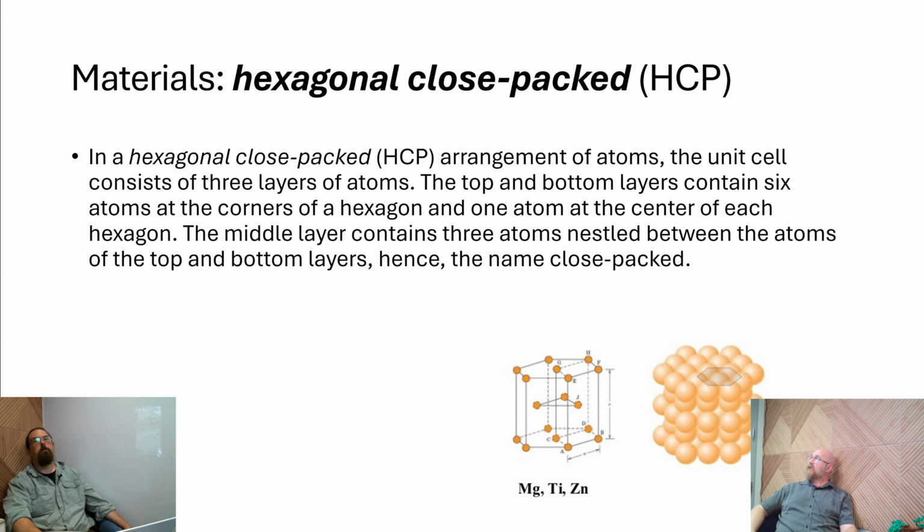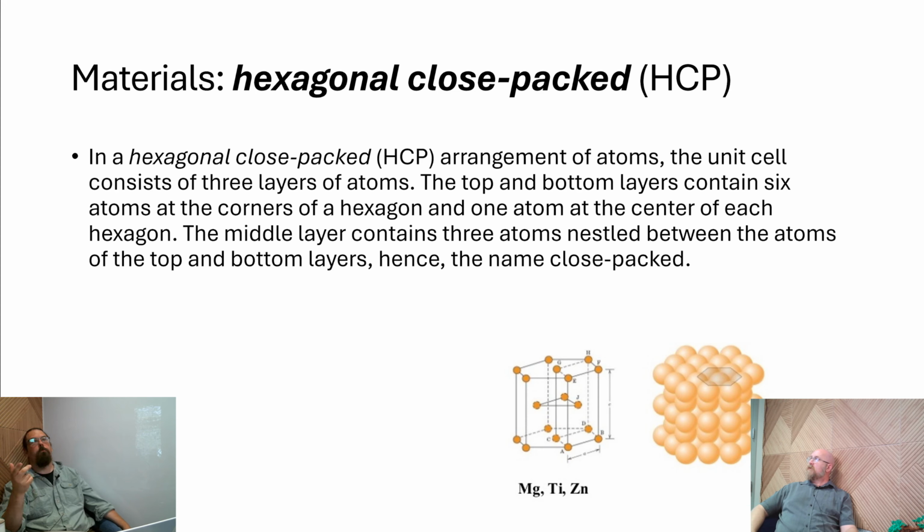Exactly, a close-packed structure. So for this one, the unit cell consists of 3 layers of atoms. You've got that triangle in the middle, and you've got the hexagons with the center atom on the top and bottom. Metals that are this way are magnesium, titanium, and zinc.